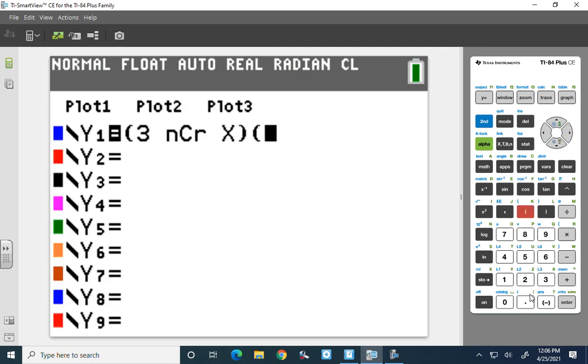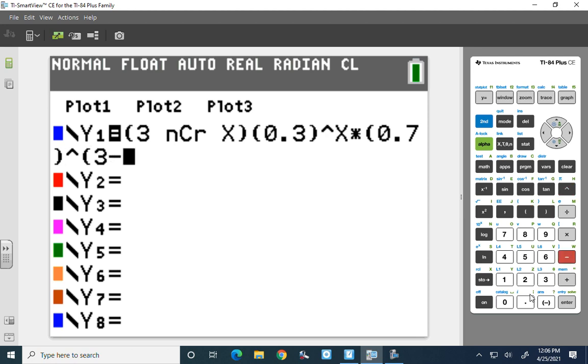And then the probability of making a basket is 30%, and we're raising that to the x power for x shots that we're going to make. And then we're going to multiply that by the probability that we miss, which is 0.7, and we're raising that to the 3 minus x power. All right, right there is our calculation, our binomial probability here for calculating making x shots out of 3 total.